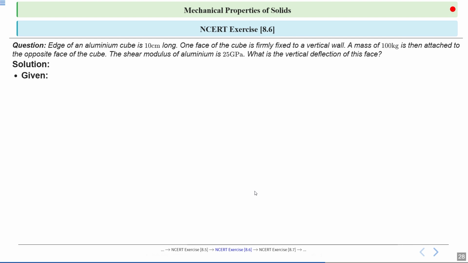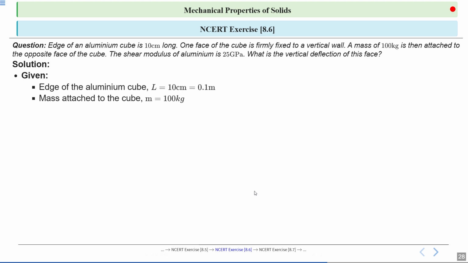So let's start by listing all the information given in the problem. First, the edge length of the aluminium cube is 10 centimeters, and mass attached to the cube is 100 kg.